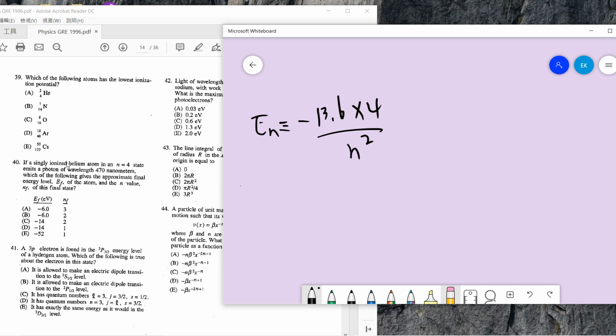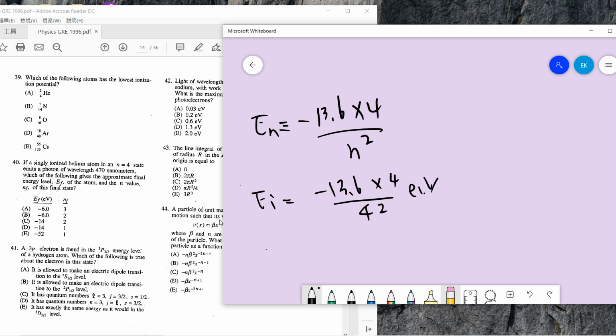So what you have is that you start from the n equals 4 state. Your initial is this, and then you emit a photon with some energy, in eV.